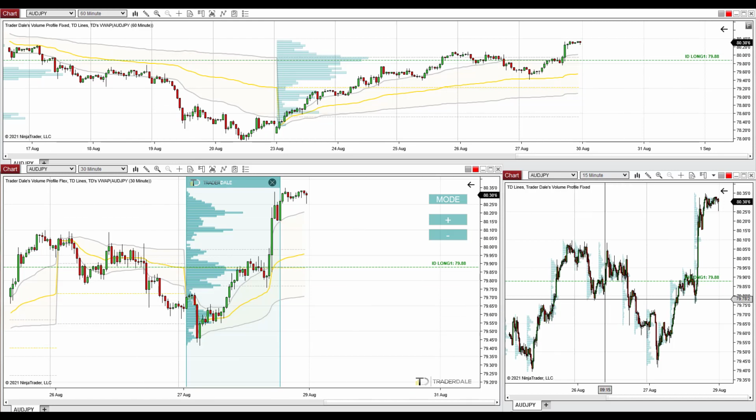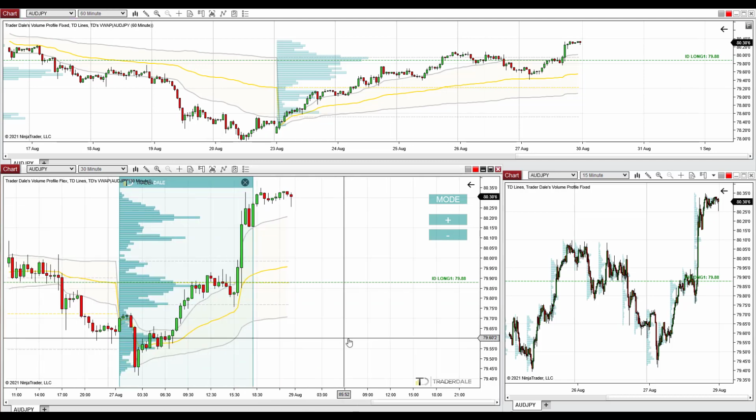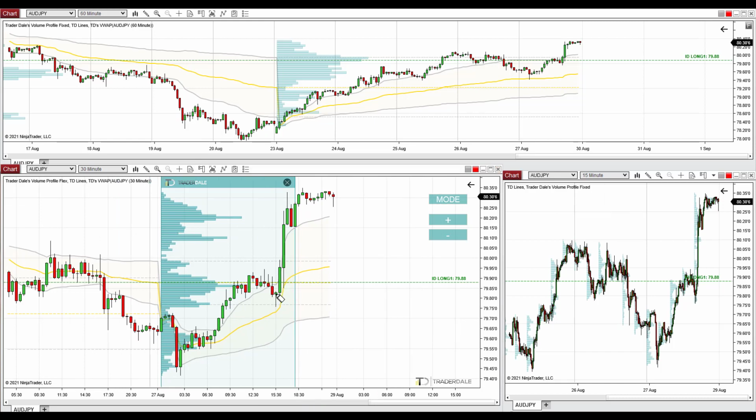So that's the layout I use. Those charts are always linked, they always show the same trading instrument. In this case it's the Australian dollar Japanese yen, and this is where I wanted to show you the first trading idea. So let's have a look at the strong buying activity which took place on Friday. Right there, this is the whole uptrend area, and within this uptrend area there's a very significant volume zone, this zone.